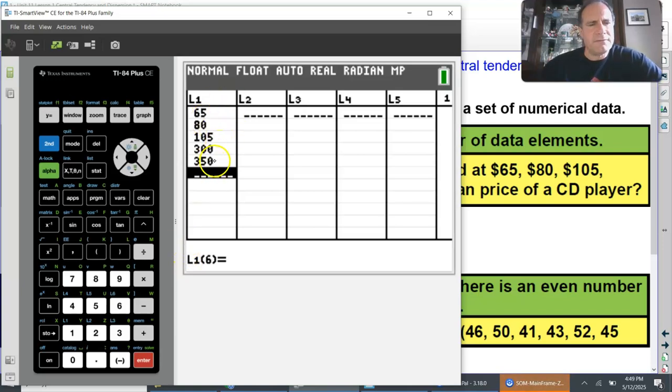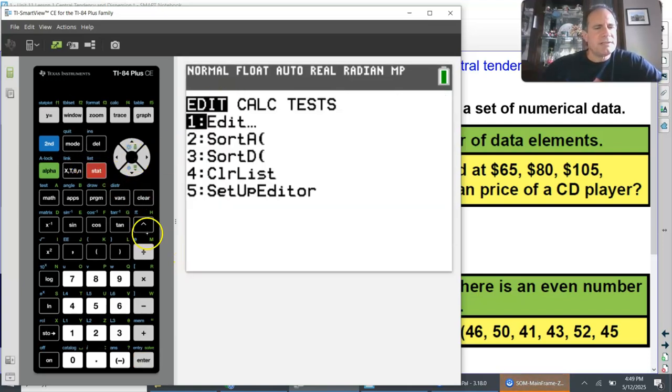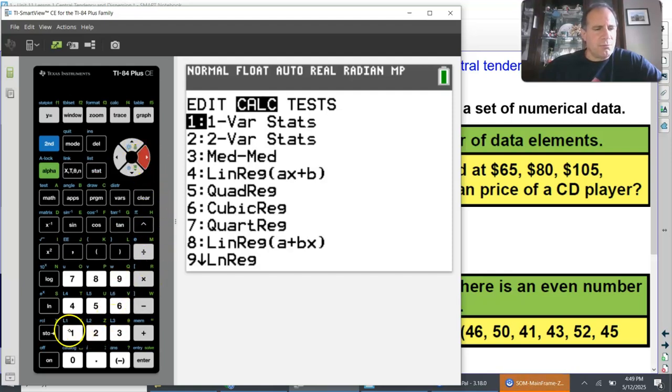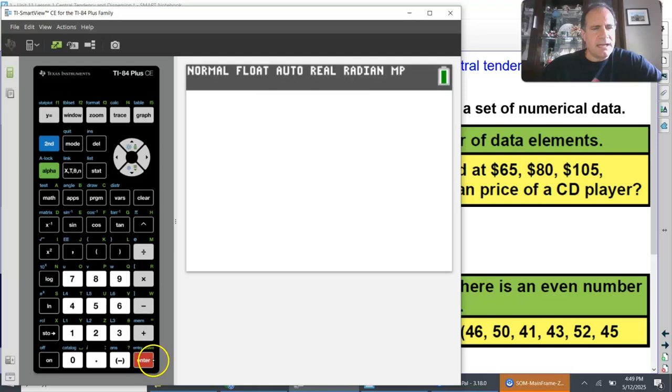Just like that. It's 5 numbers, 5 CDs. Then I'm going to press Stat, go over to Calc, use 1-Var Stats, and Enter.